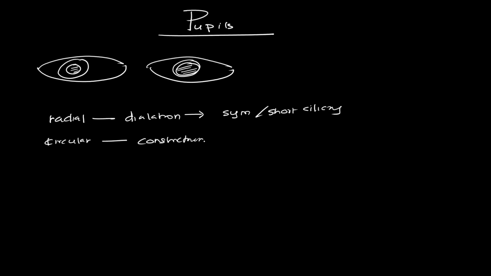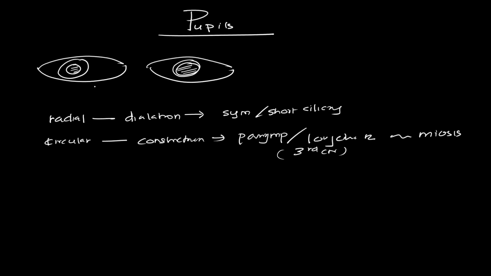It is under the control of parasympathetic fibers, and the fibers usually come with the third cranial nerve. Third cranial nerve branches out and with the long ciliary nerve innervates the circular muscles. So the circular muscles cause miosis, which means constriction of the pupils.